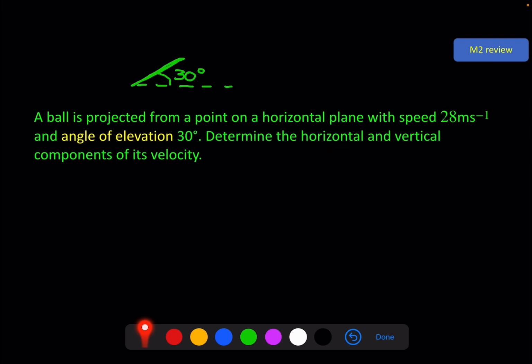Determine the horizontal and vertical components of the velocity. Okay, so the speed was 28 meters a second and angle of elevation 30. So we just split this into its components. Going along here, I'm going to call this UI, and up here, UJ.